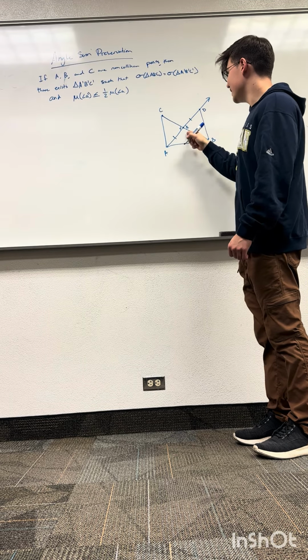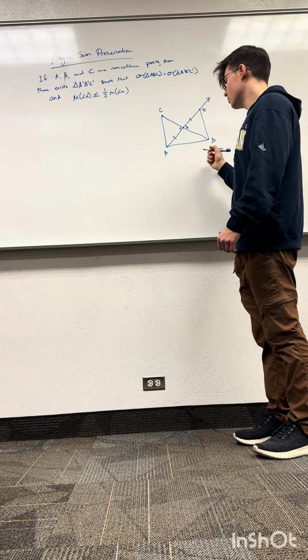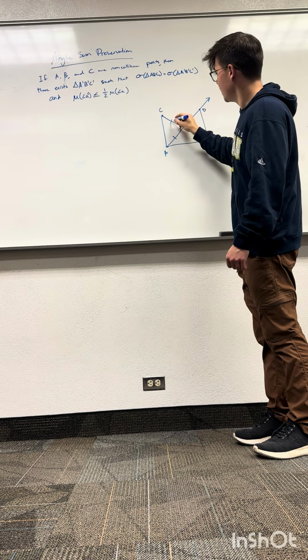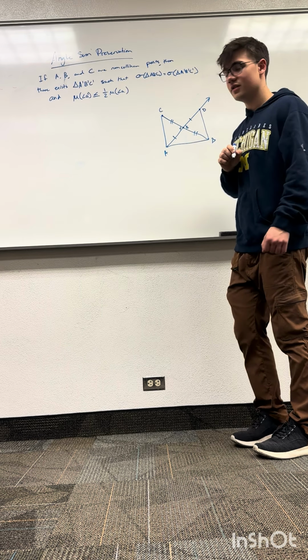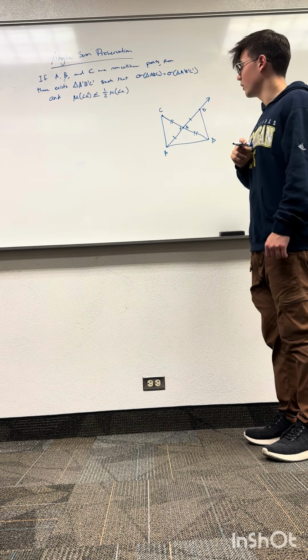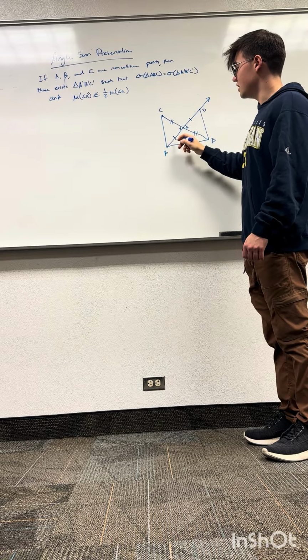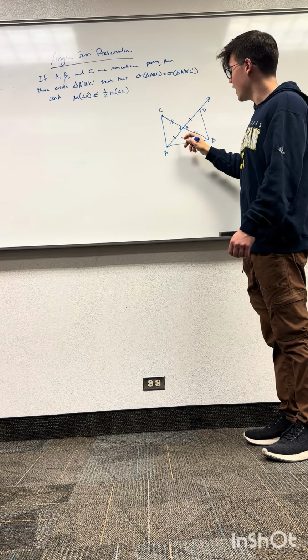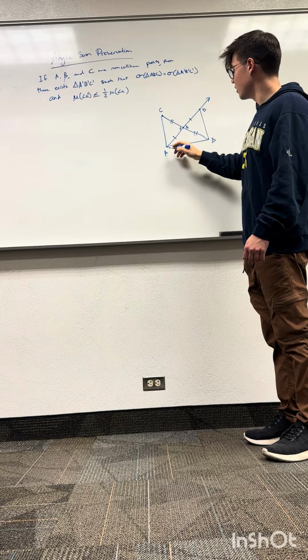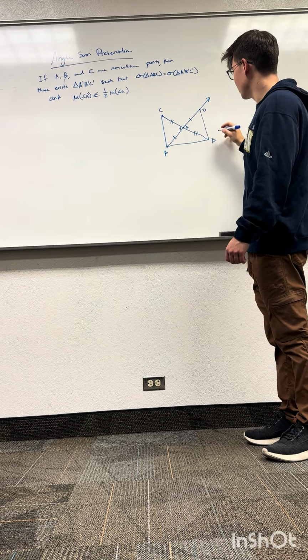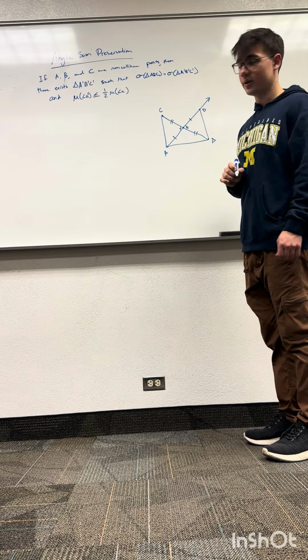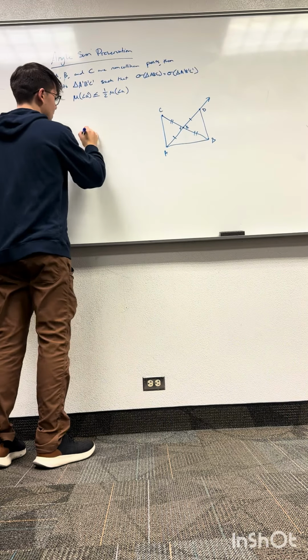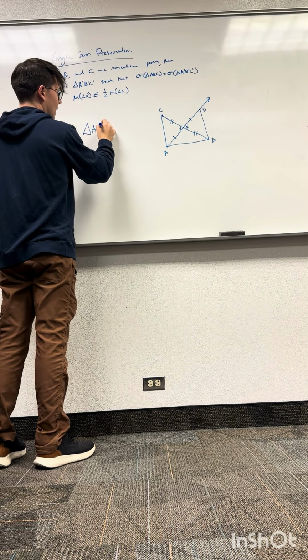We also know that E is at the midpoint of C and B, which means by definition, these line segments are also congruent. So now we can see by side angle side that these triangles AEC and triangles BED are congruent. So we can go ahead and write that.